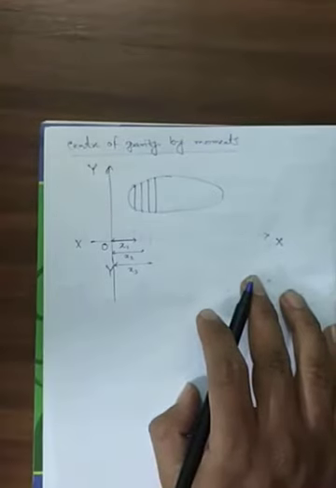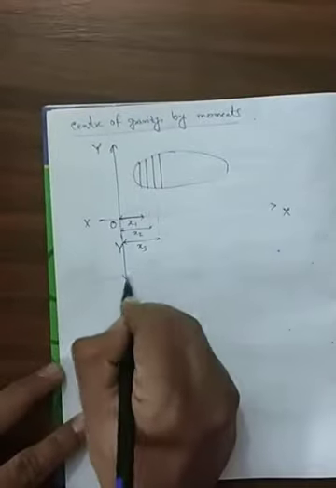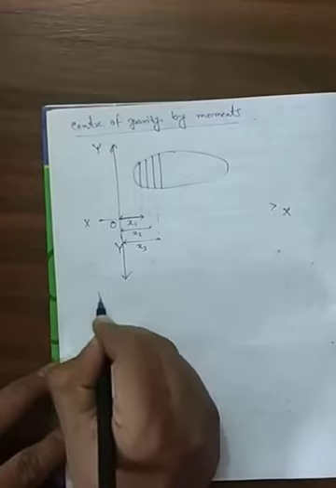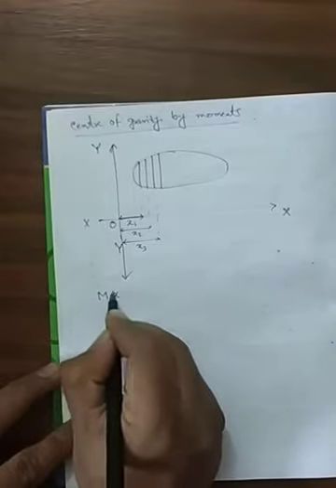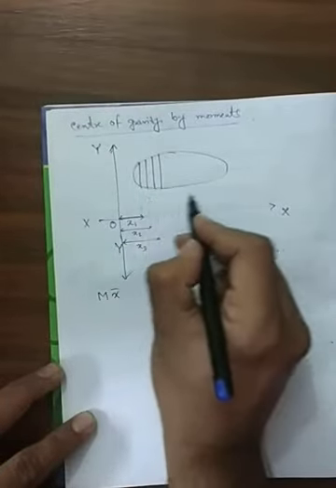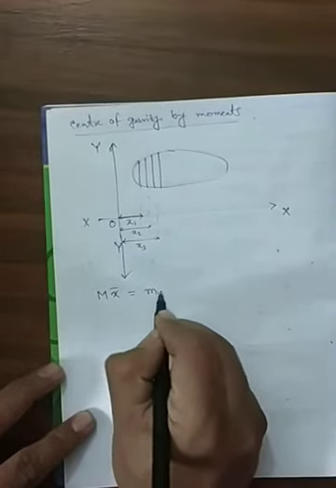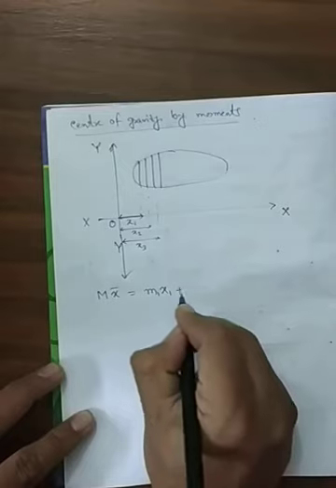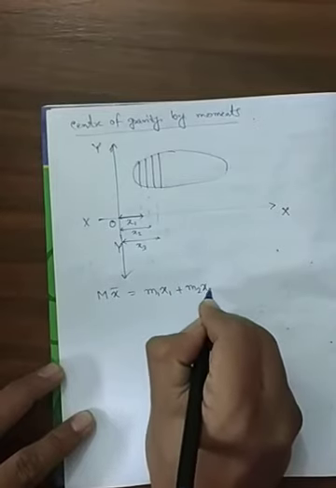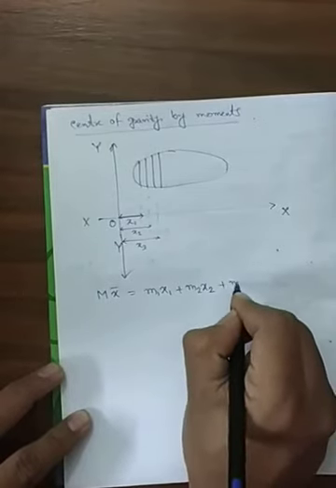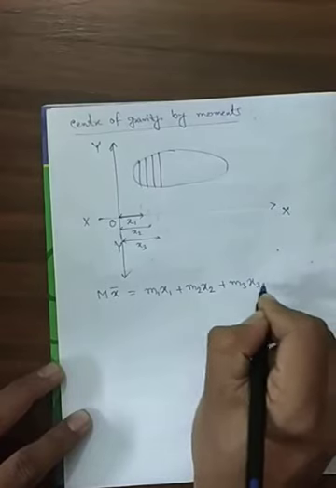From the principle of moments we can say that M into x bar, where M is the whole body mass, equals m1x1 plus m2x2 plus m3x3 plus, and so on to the nth term.